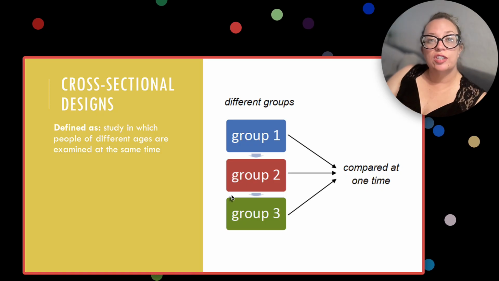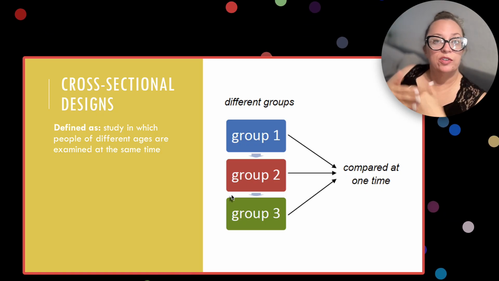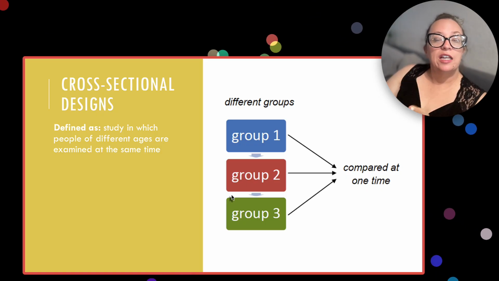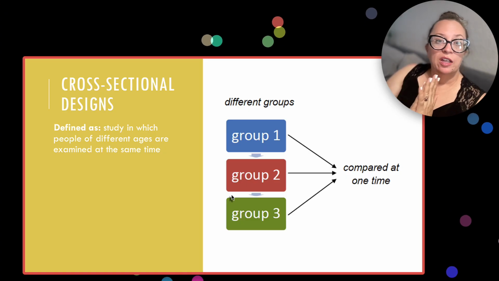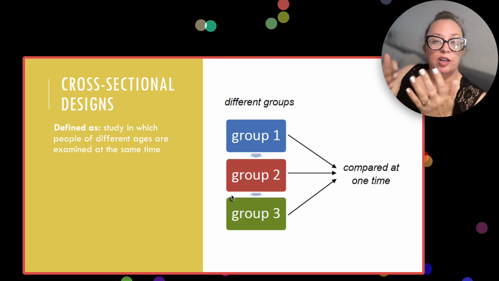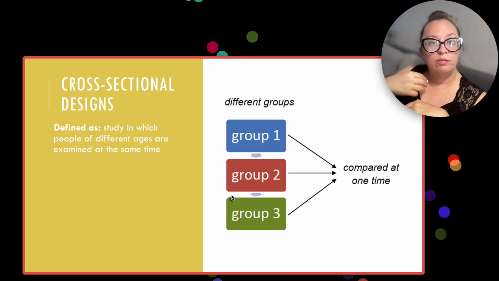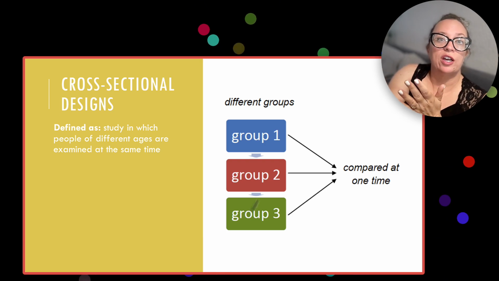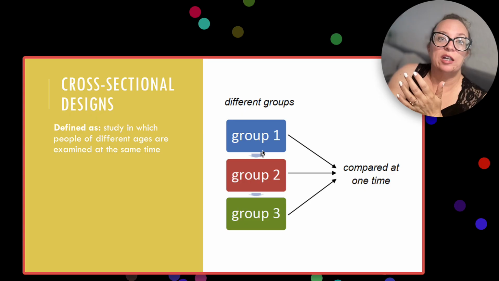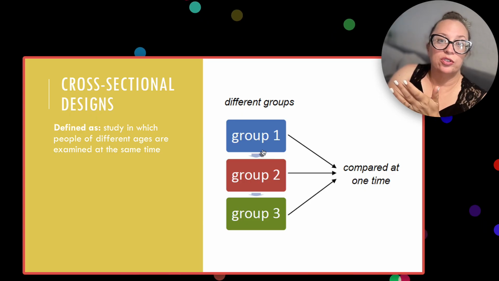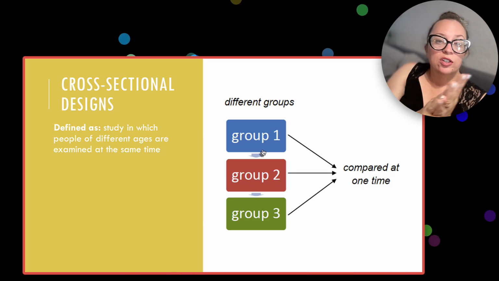In a cross-sectional design, we take multiple groups of people of different age ranges and examine them at the same time. A few years ago, we just got out of a great example of cross-sectional research, right? COVID.